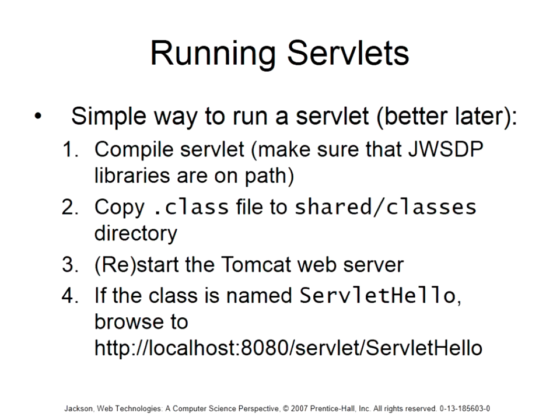First step is to compile the servlet, and we have to make sure that GWSDP libraries are on the path. Second step is to copy the .class file to the shared classes directory. So in Apache Tomcat, we have a folder webapps. The equivalent of webapps in PHP is the www directory.